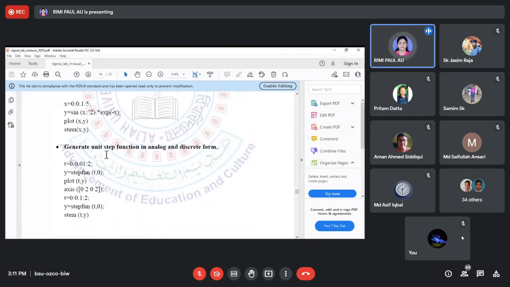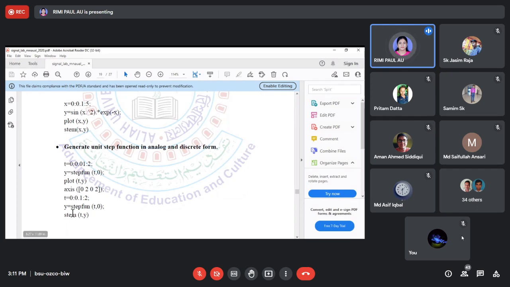Next is generate unit step function. The analog form is not required, you don't have to do it because the same program will do it again, but here in discrete form. You will write generate unit step function in discrete form. There are two plots here: plot t, y is not required.